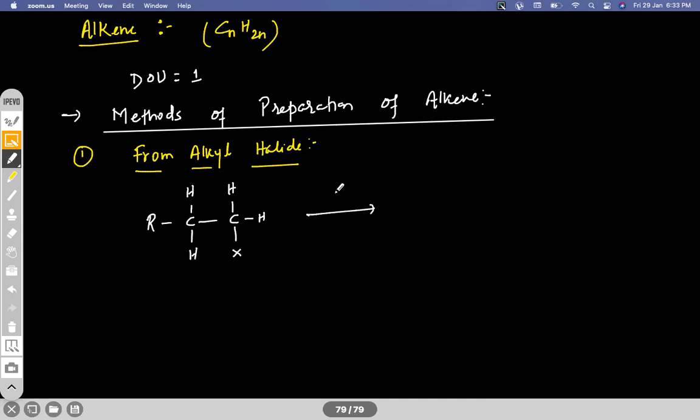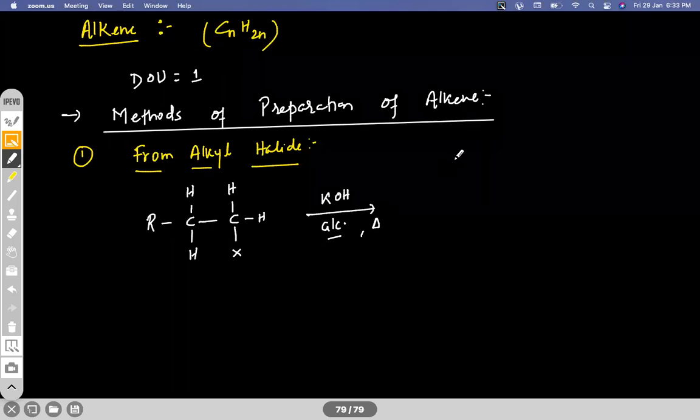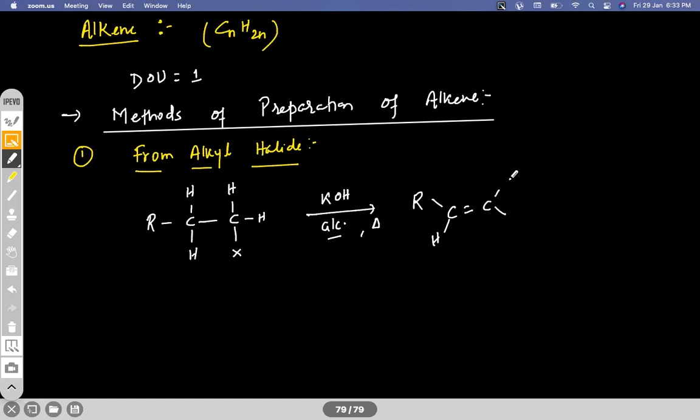When it is heated with alcoholic KOH, meaning KOH in presence of alcohol, then the product in this reaction would be RCH=CH2. Okay, this is the product we get.